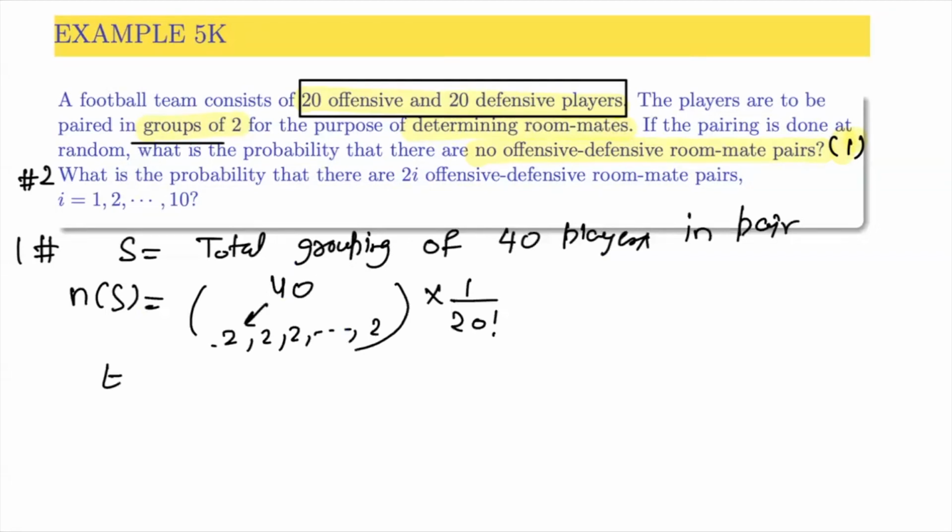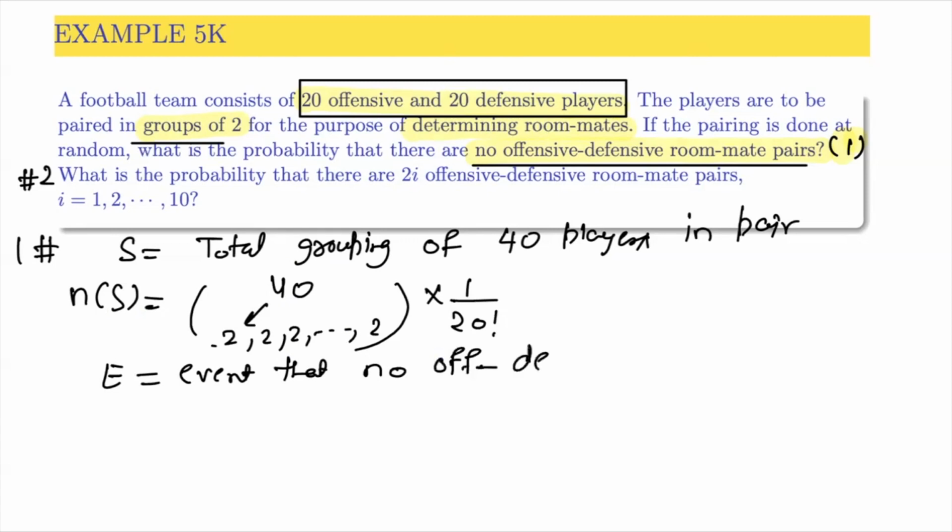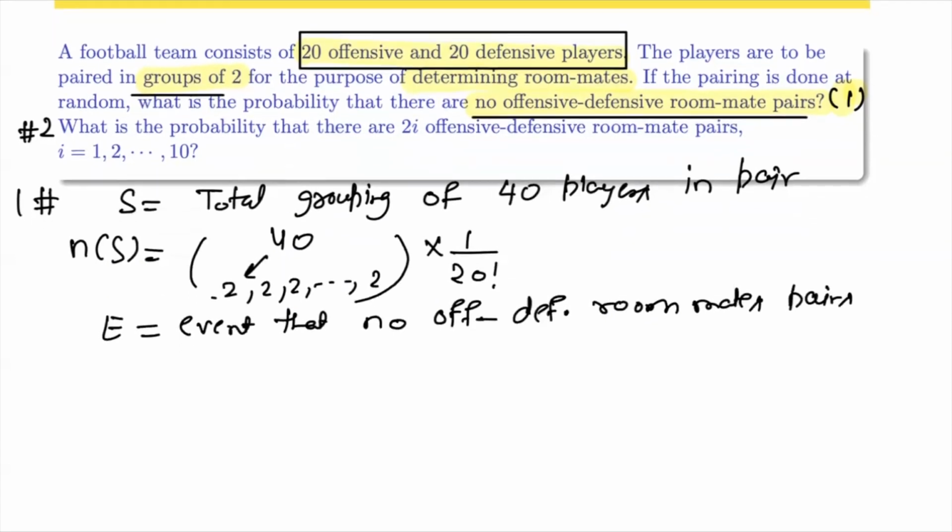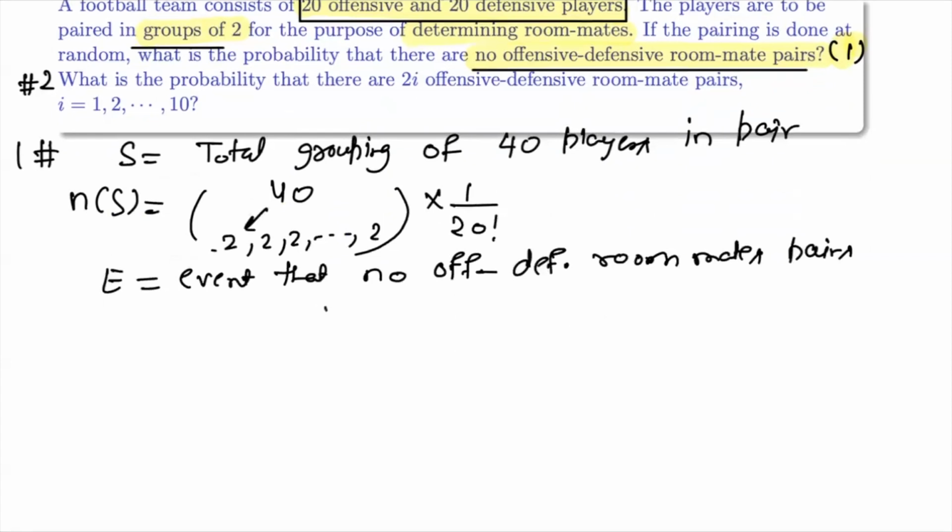Next, consider E as the event that there are no offensive defensive roommate pairs. So that means to say that there are 20 offensive players.